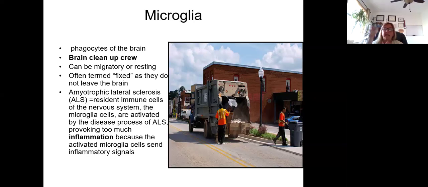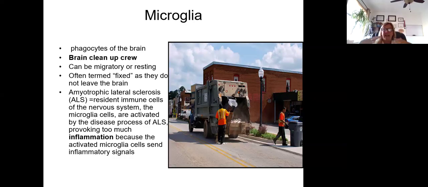So ALS is an immune cell disturbance within the nervous system. That is when the microglia cells get activated by that disease, even though there's nothing for those microglia to actually attack, destroy, and clean up.